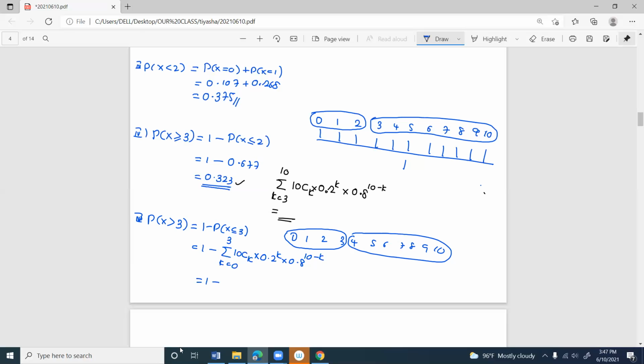From here you can get this answer, 0.879. It turns out to be 1 minus that answer, which is 0.121. 0.121 is the answer for that. It's a way of getting this answer. Okay, that's how we need to do this kind of question.